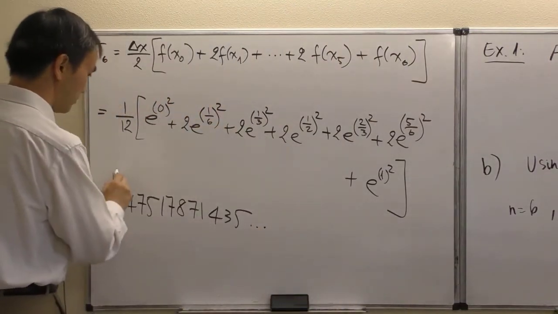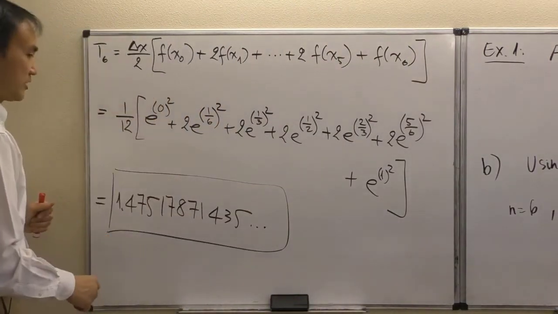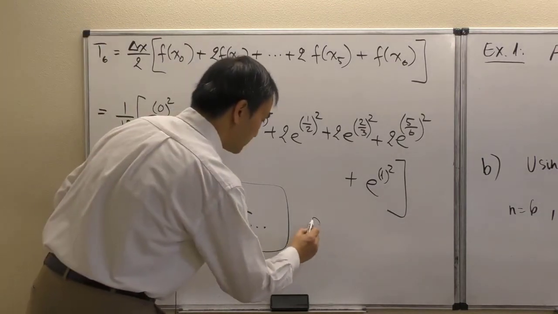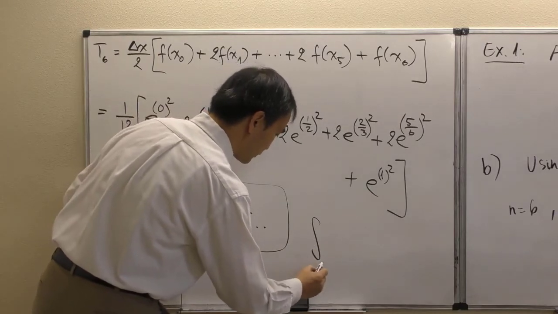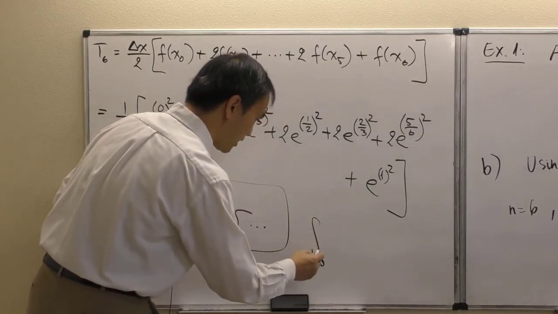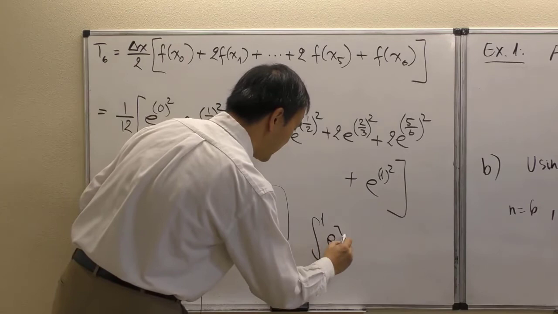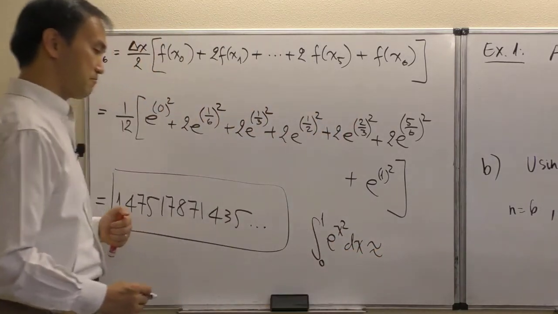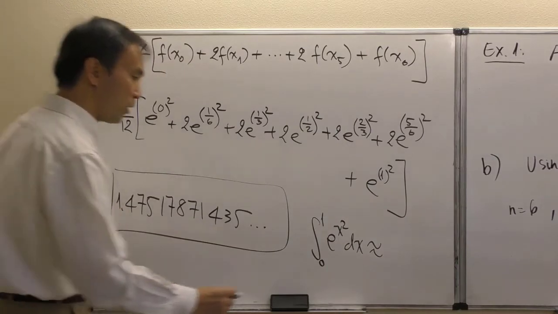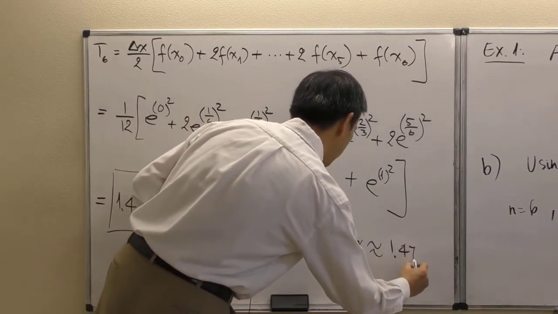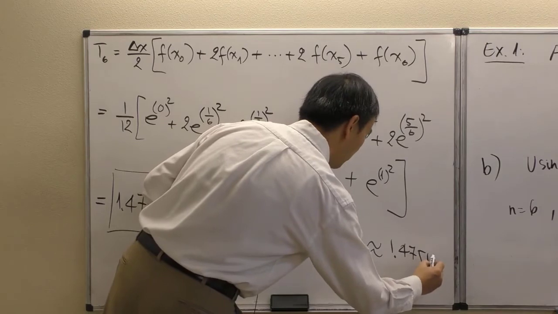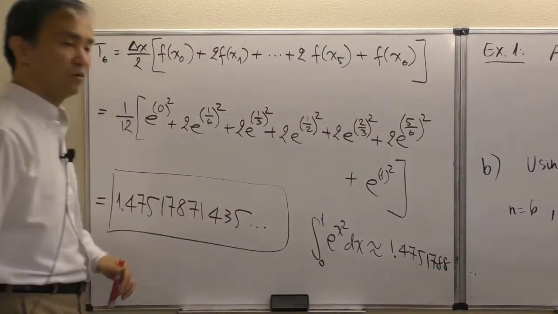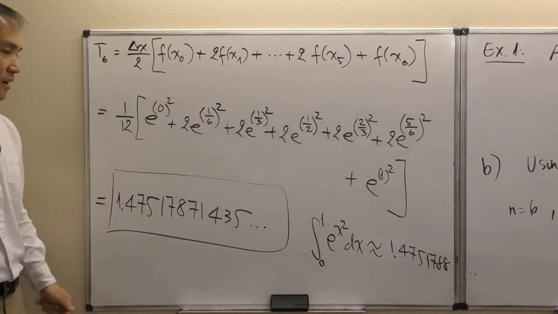And that would be our approximation. I should have labeled this from my earlier problem, but I forgot, but here I can just do that. The integral from 0 to 1 of the function e to the x squared dx can be approximated to this value right here, being 1.475 1788 and a lot longer. Okay, so that's how we're doing it.